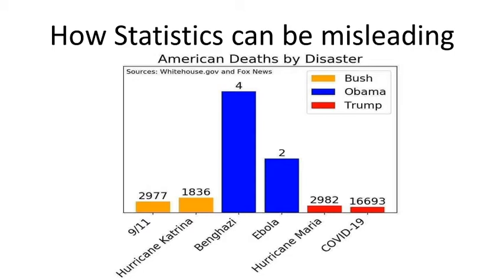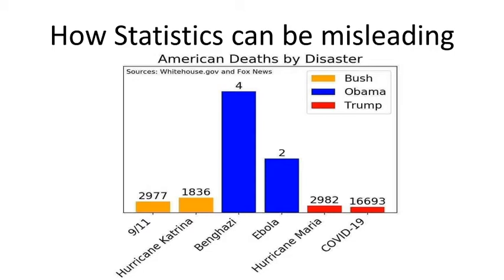And you can see they're comparing these different presidential terms, Bush, Obama, and Trump. Well, if you didn't notice, the scale of the y-axis is completely screwed up. The bar for Benghazi is massive, but it only has a score of 4, whereas the score for COVID is 16,693, but it is minuscule in comparison.